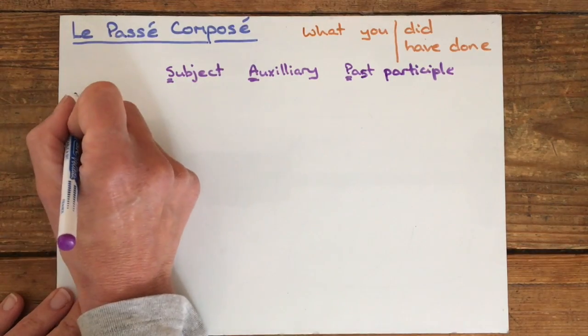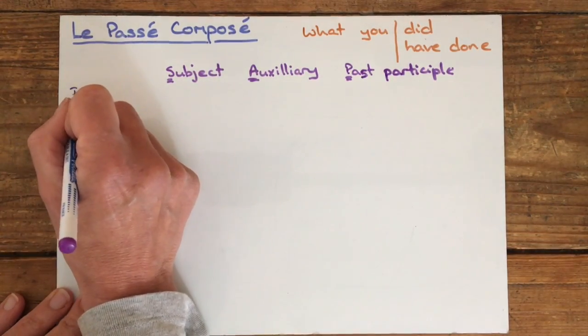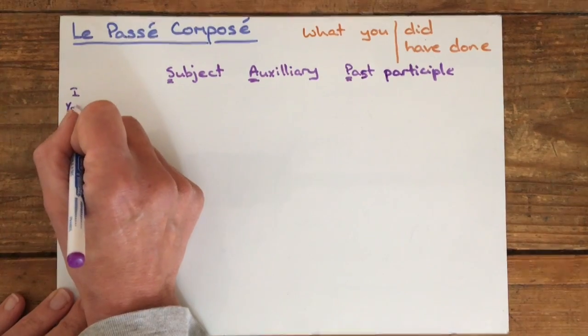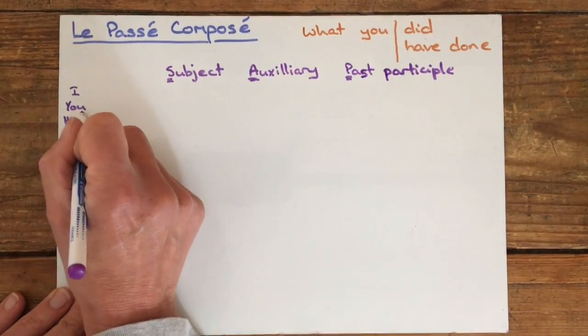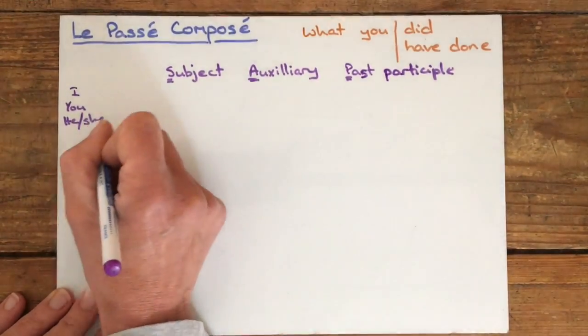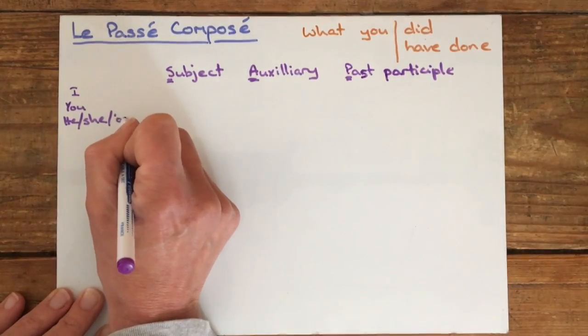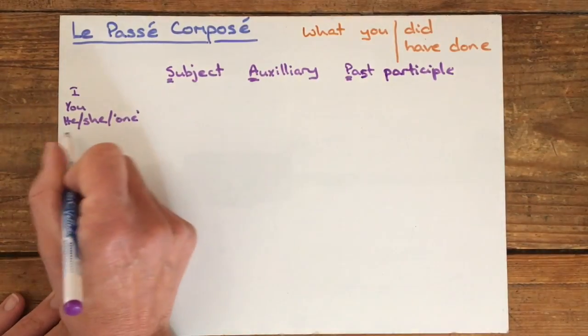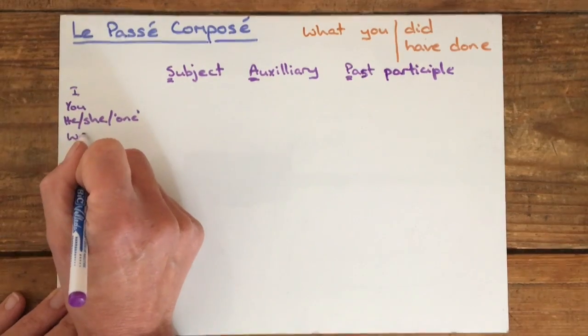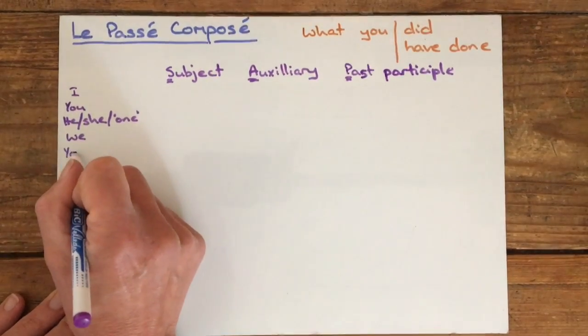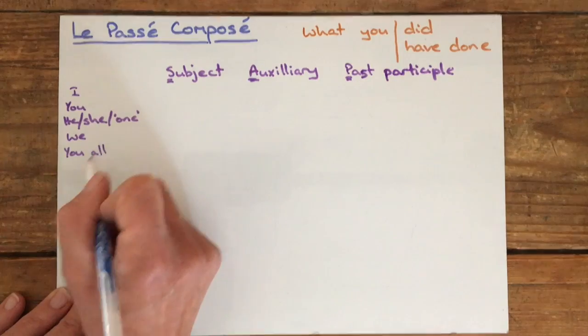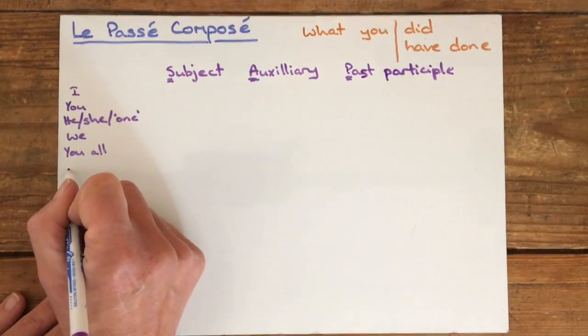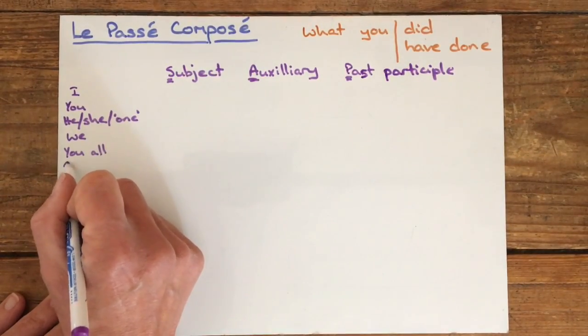So your subjects, we're going to have I, you, he, she, or the impersonal one, we, then you've got you plural, which I'm going to write as you all to show that it's plural, and then they.